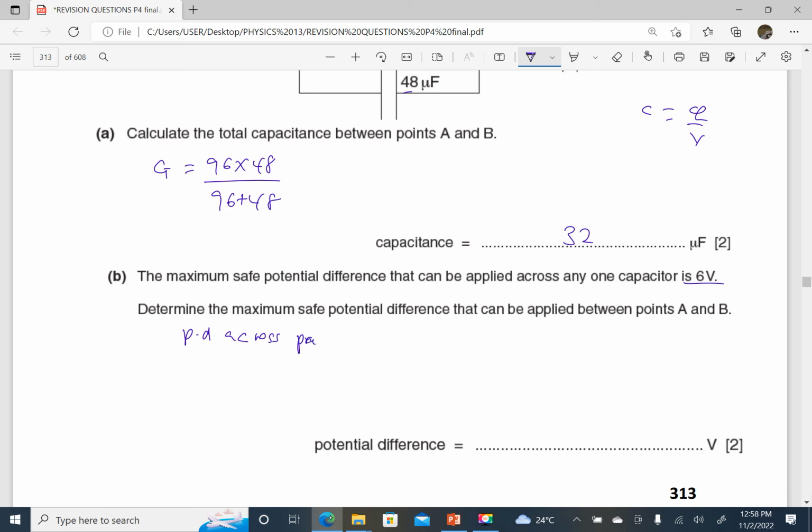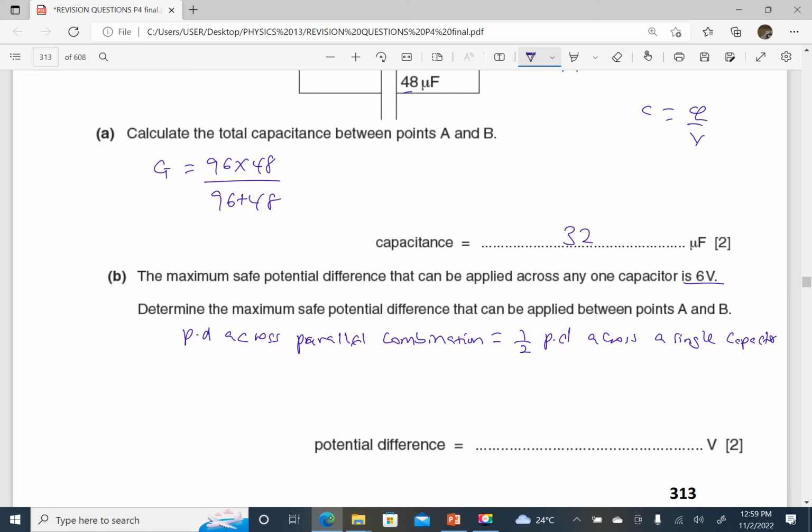So if the PD across a parallel combination is V, then the PD across a single capacitor is going to be a half V. So in other words, the PD across a single capacitor is V. The PD across a parallel combination is going to be twice V.